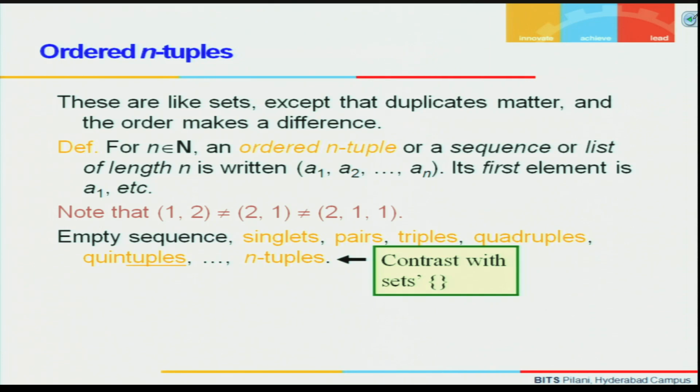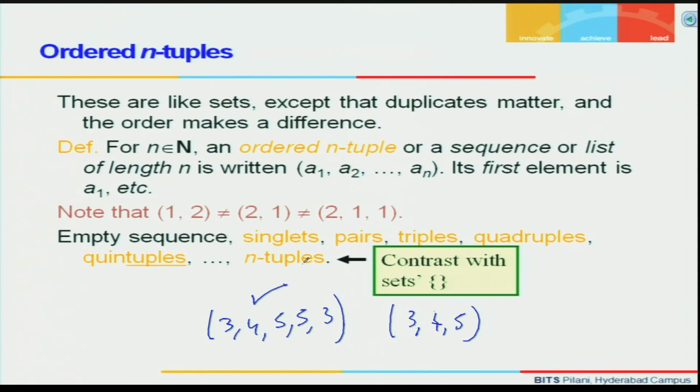Like that you will be able to say. And duplicates do matter here. That means when I say the ordered tuple (3, 4, 5, 5, 3), this is not going to be equal to (3, 4, 5).